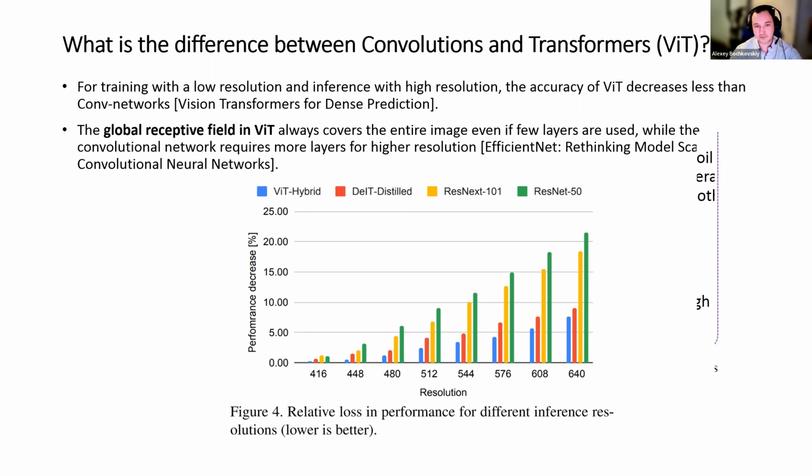So when we increase the resolution in ViT, we don't need to add new layers because our ViT already sees the whole image. While for a convolutional network, if we increase resolution, we need to increase depth. We need to add more convolutional layers with 3 by 3 kernel size to cover the input image.